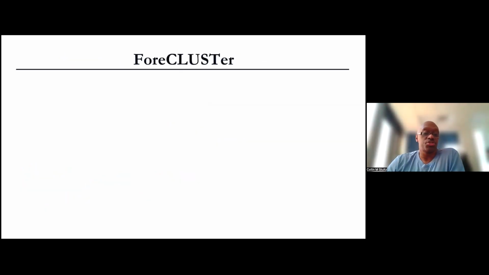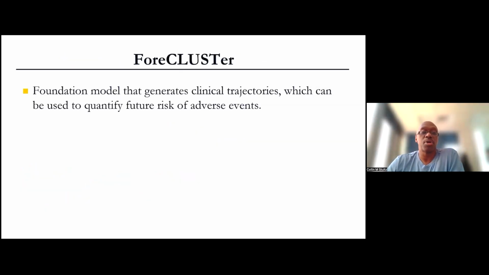So for cluster, this method is a foundation model that generalizes clinical trajectories, which can be used to quantify future risk of adverse events. And because it is a foundation model, it is task agnostic in that you can ask it any question without having some preconceived notion of what it is that one wants to predict.